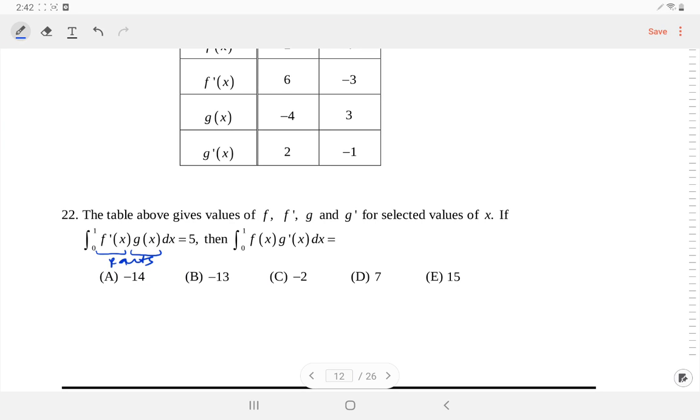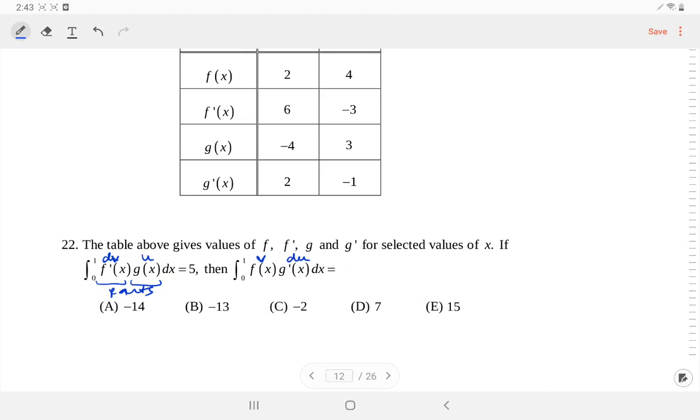So I'm thinking that this could be U, and maybe this could be V, and then this would be DV, and this would be DU. Feels like parts. Okay, so let me set it up as a parts equation. So the integral of U dV is equal to UV minus the integral of V du.